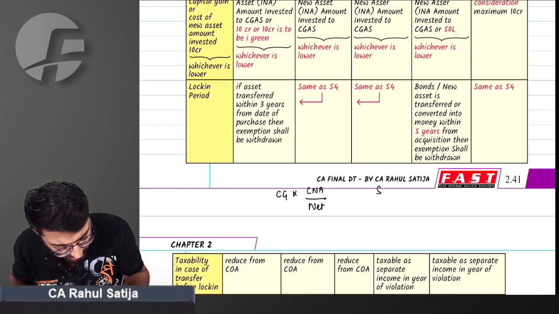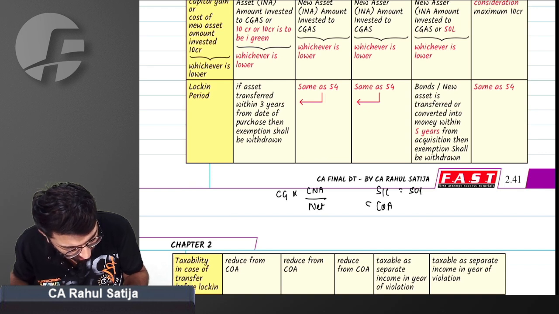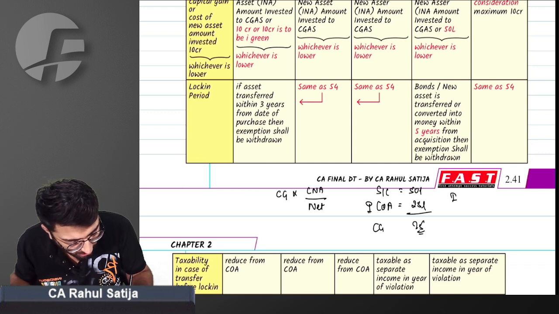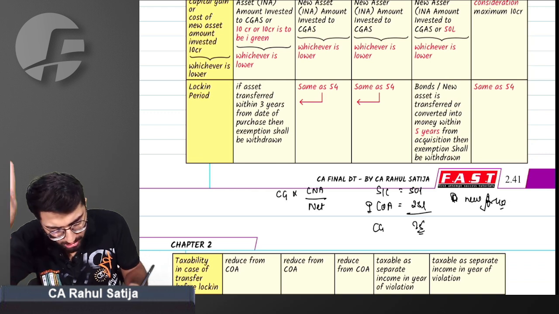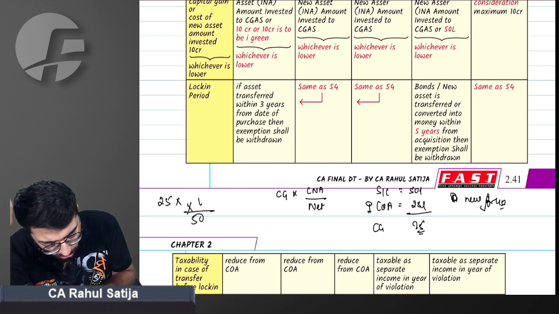For example, sir, sales consideration was 50 lakh rupees. Cost of acquisition or indexed cost of acquisition was 25 lakh rupees. Capital gain was 25 lakh rupees. Now I bought a new house for 40 lakh rupees. Provision says capital gain will be exempt in the proportion of cost of new asset to net consideration.